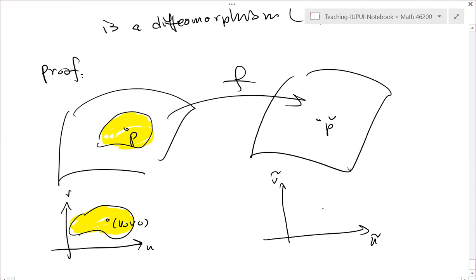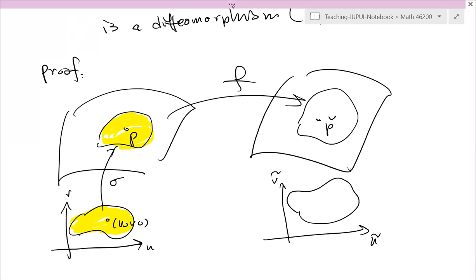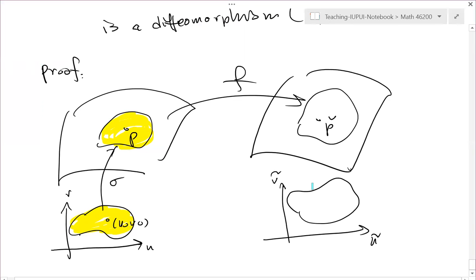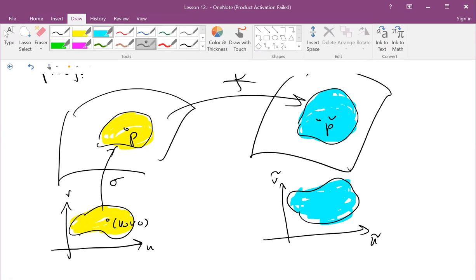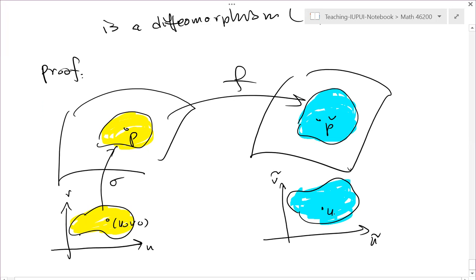This is the map sigma, the coordinate chart, and this will be U tilde, V tilde with the map sigma tilde.